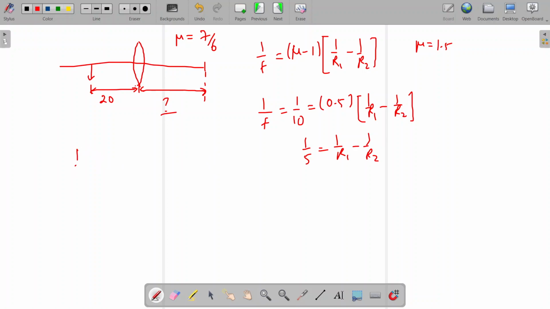So in the case when we have another medium, this other medium comes in the denominator, that is 7 by 6 minus 1, and the earlier value of 1 upon R1 minus 1 upon R2.